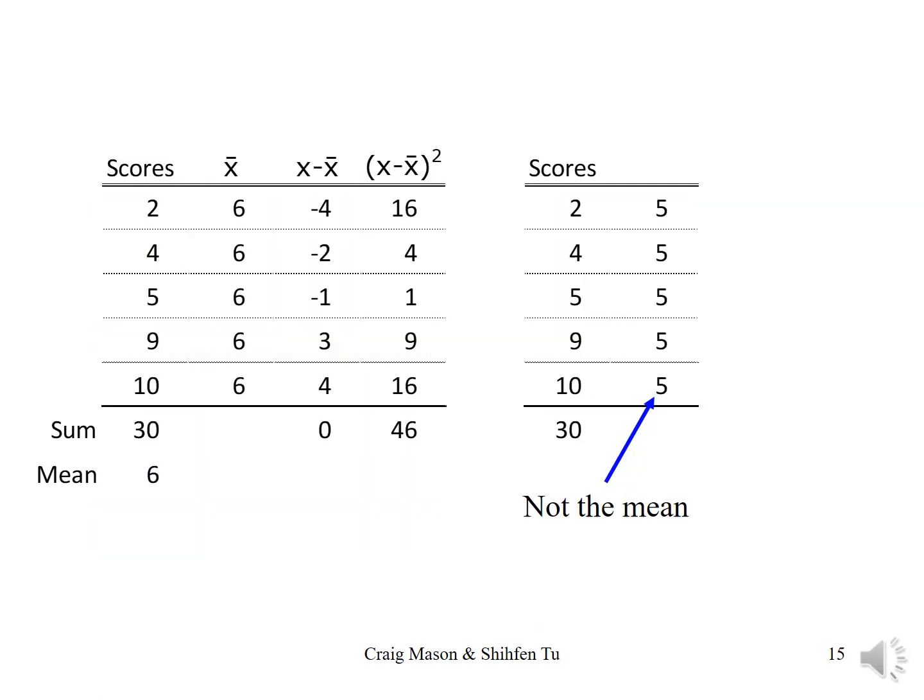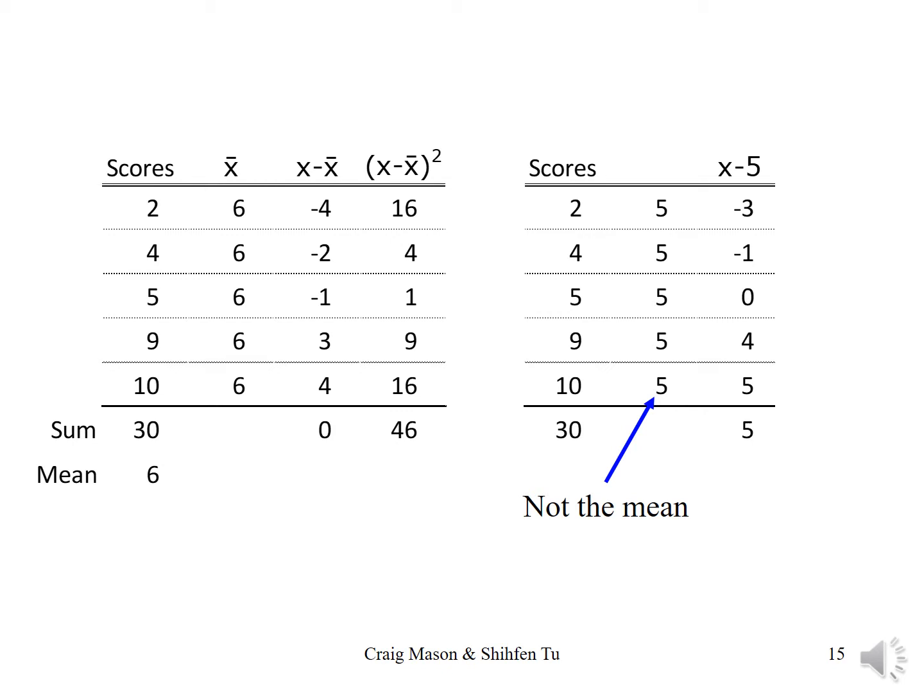Now, to see that the mean gives us the smallest sum of squares, let's redo these calculations but plug in a number that's not the mean. Instead, let's subtract 5 from each score instead of the actual mean, which we know is 6. Now, x minus 5 is equal to -3, -1, 0, 4, and 5.